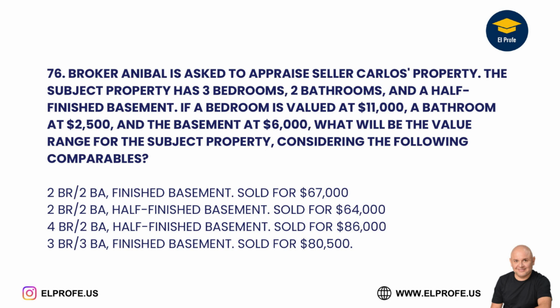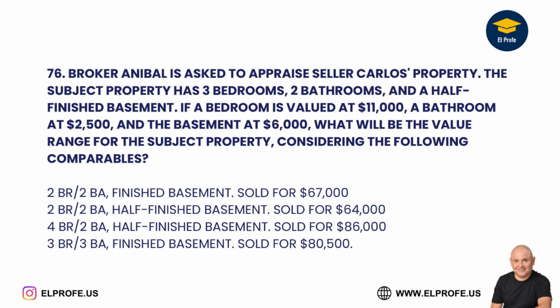So, for example, the subject has 3 bedrooms and 2 baths, with a half-finished basement. This comparable has 2 bedrooms, 2 baths, and a half-finished basement, and the other one has 4 bedrooms, 2 baths, and a half-finished basement.